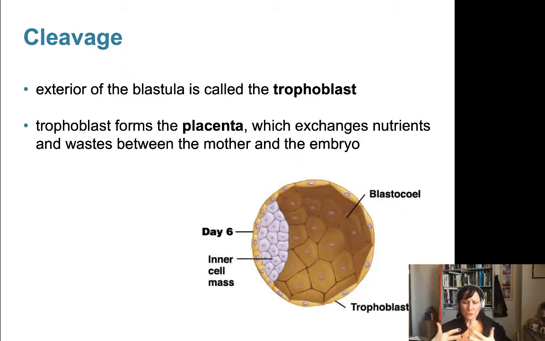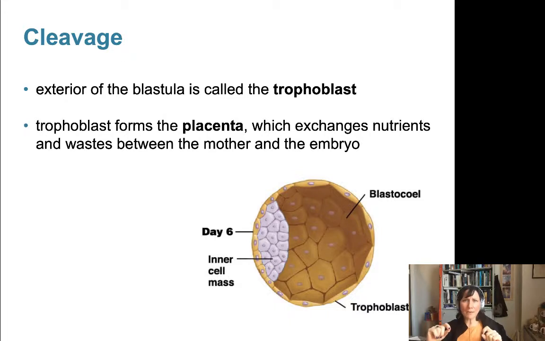It forms a hugely complicated capillary bed in the uterus, and then it's going to make the connection between the mom and the embryo. Through that connection, of course, is going to be the umbilical cord. So what that's going to allow to happen is for there to be the exchange of nutrients and gases and the removal of waste between mother and developing baby.